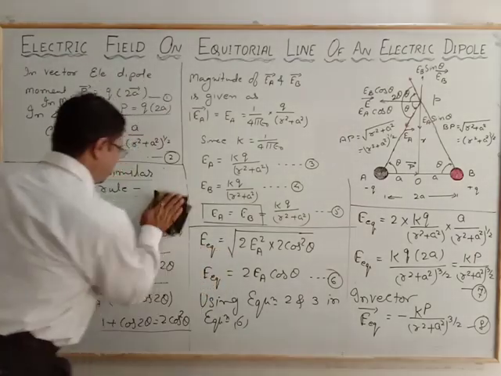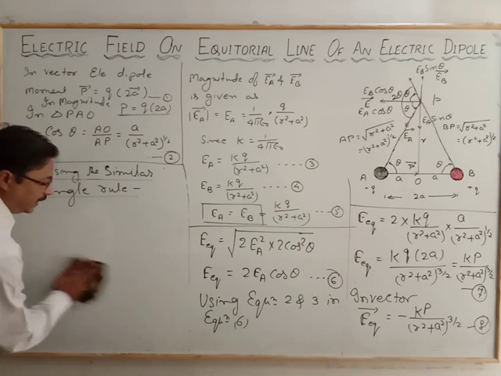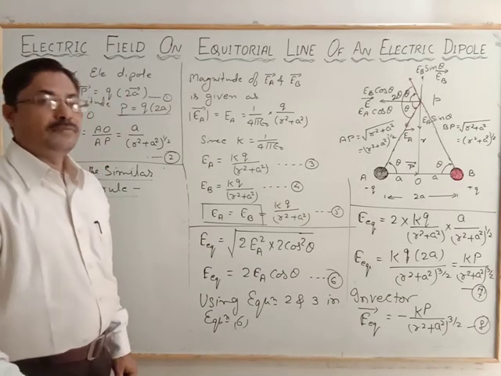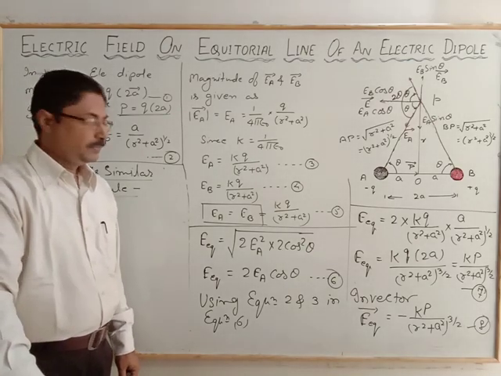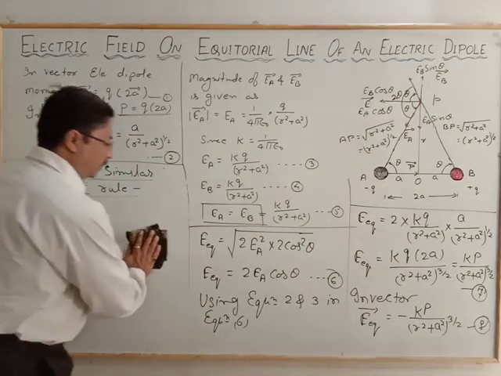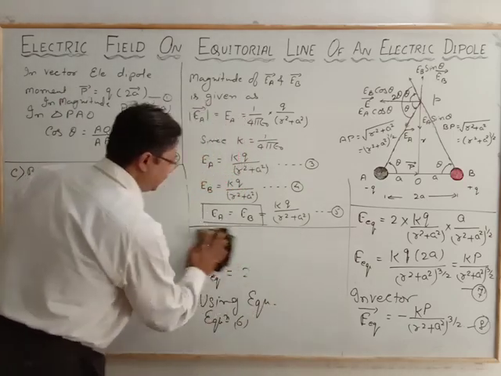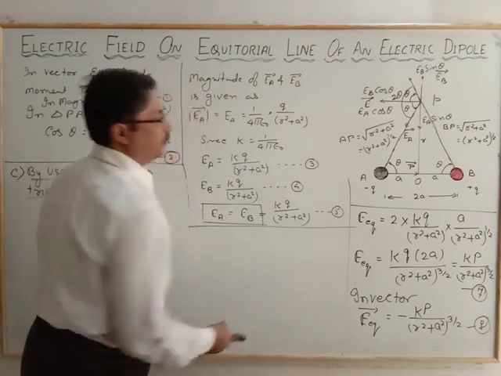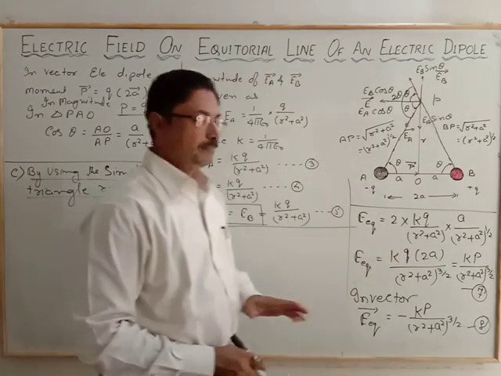See here, we know that in similar triangles, the ratios of their sides are always constant. So the same principle, the same rule, we follow here to obtain the electric field at the point P due to the dipole on the equatorial line.